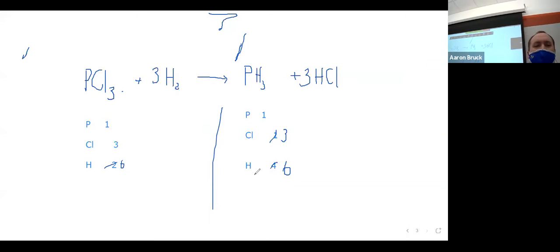Now, if you don't follow that approach, you can spin yourself in a great number of circles trying to get everything to balance out in this particular problem. So one of the things I always tell my students when we're balancing equations is that we have to be very mindful of following the steps and doing them in the proper order.